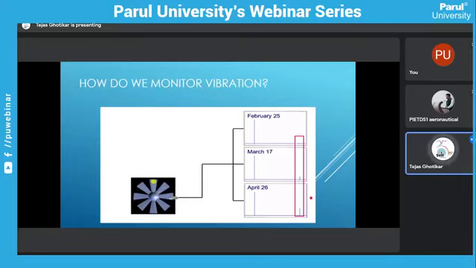Here in the same system, on February 25th we had this normal frequency, right? At 5 or 10 hertz we have this normal vibration, but at high frequency there was one small vibration spike. That was on February 25th.